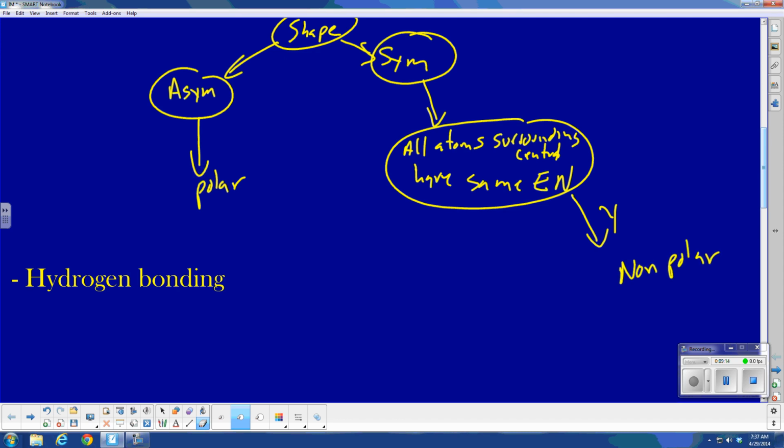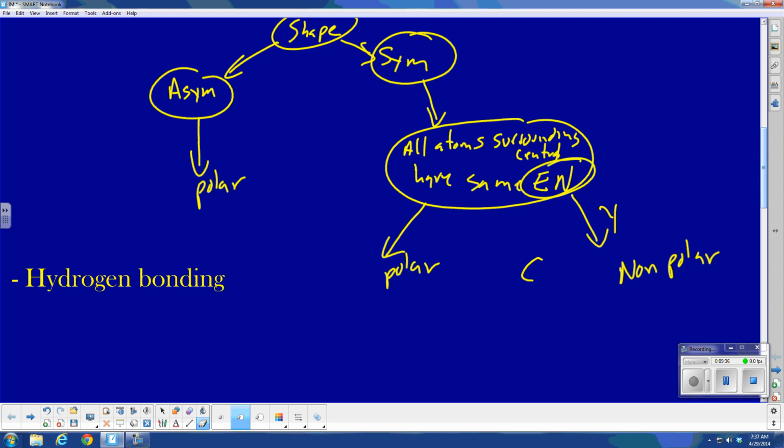If the answer is no, then it is polar. Now, folks, what's the easiest thing we can assume? Very few of our atoms have the same electronegativity. So a rule of thumb: if my central atom is not surrounded by the same atoms, then we can assume most of the time that it's going to be polar.